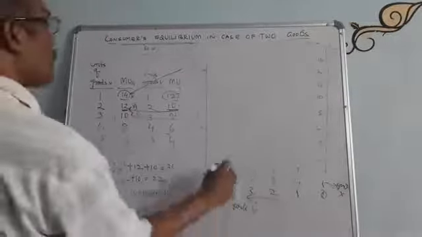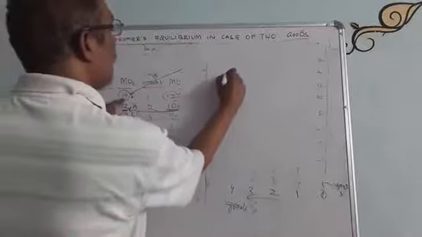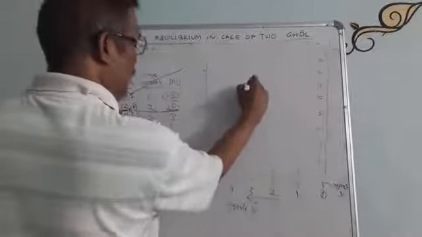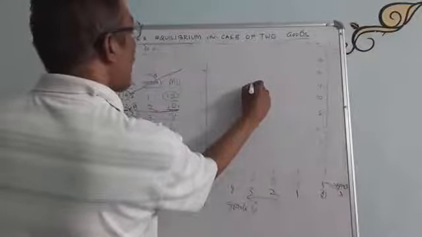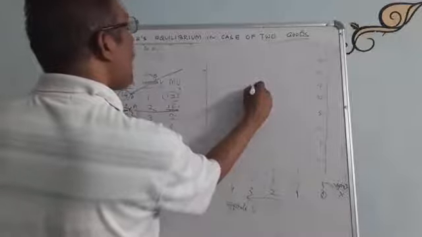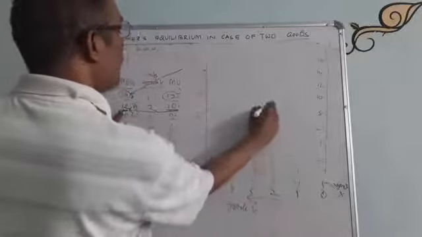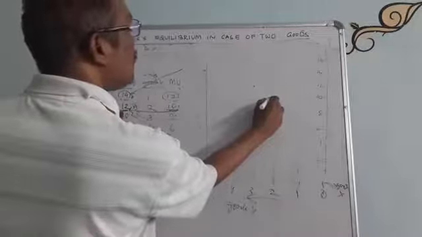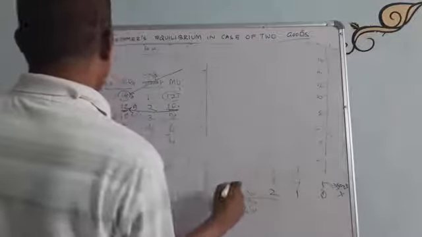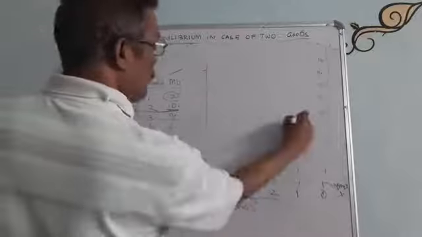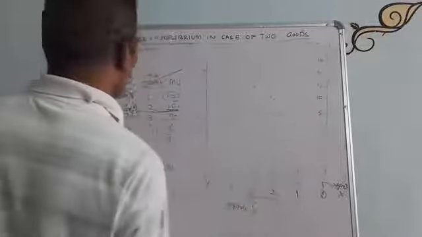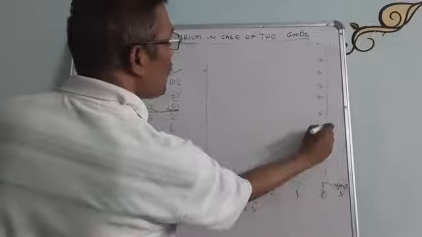For the first unit of good X the marginal utility is 14, for the second unit it is 12, for the third unit it is 10, for the fourth unit it is 8, and for the fifth unit it is 6.